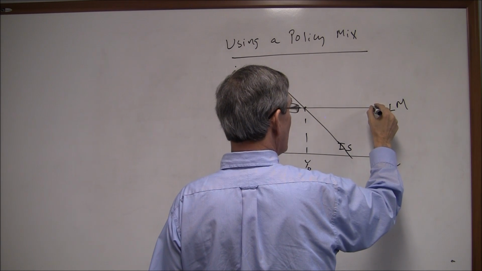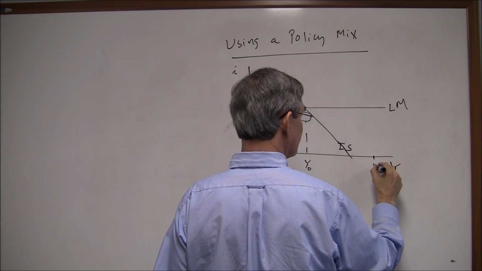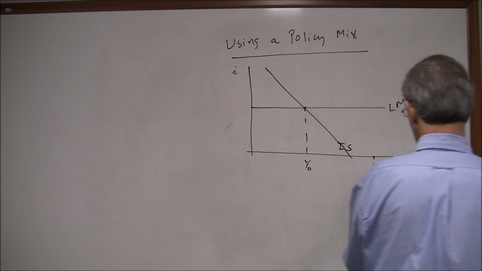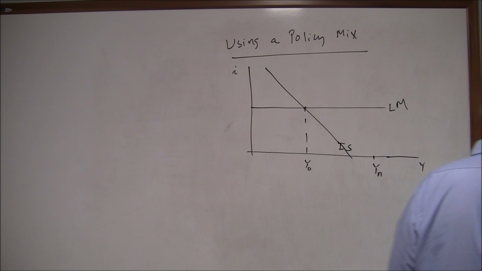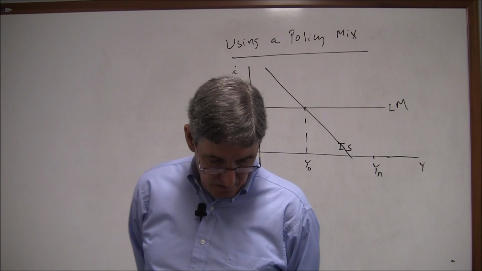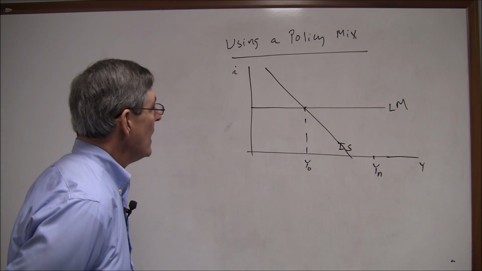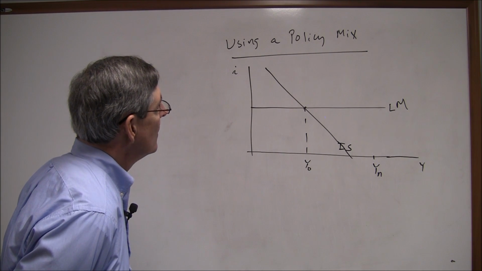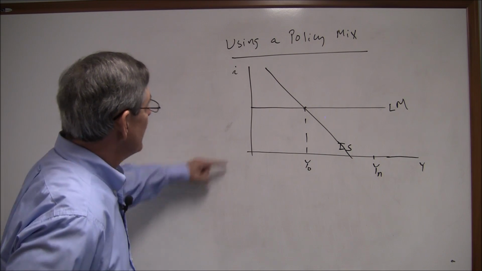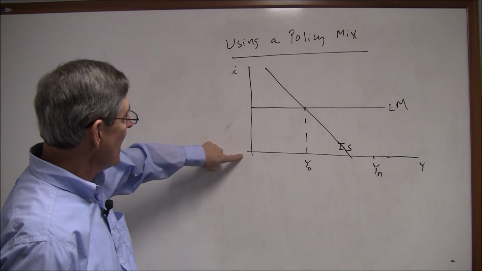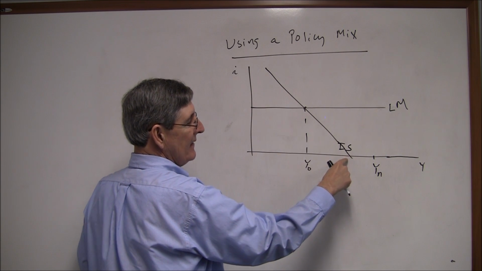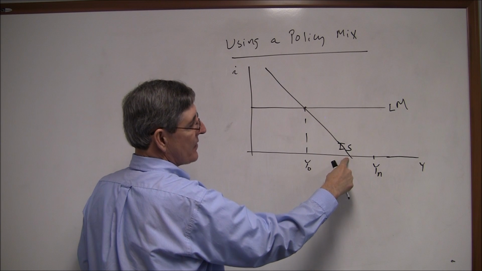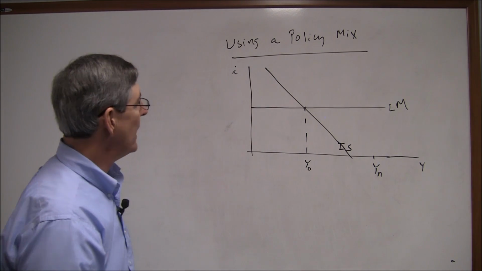And out here somewhere is yn, full employment, the natural rate. If we want to get out of this recession, one thing we could do is, monetary policy alone is not going to get us there, because if we lower the interest rate all the way to 0, we're going to end up at that point. That's the zero lower bound liquidity trap case we just talked about.